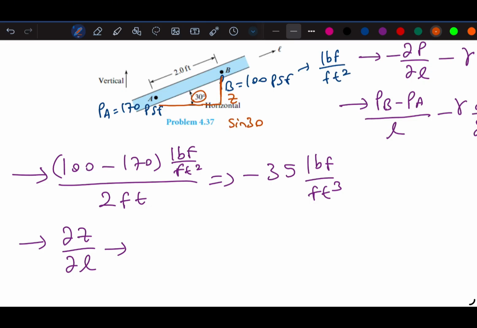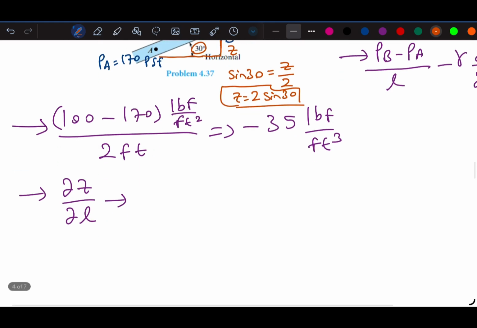So this means that we have sine 30, which is equal to Z over 2. So Z will be equal to 2 sine 30. So this means we have 2 sine 30 over 2, which is feet. And what we get is sine 30. And this is actually equal to 0.5.